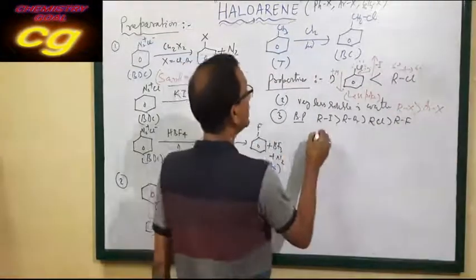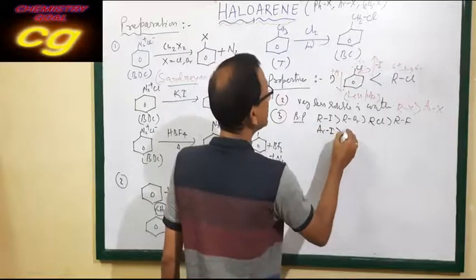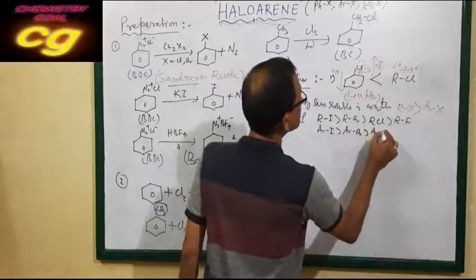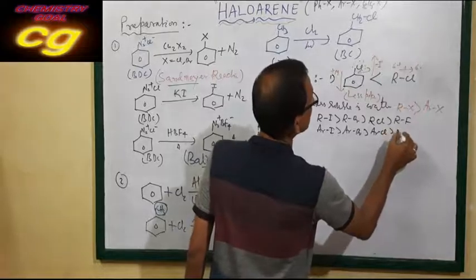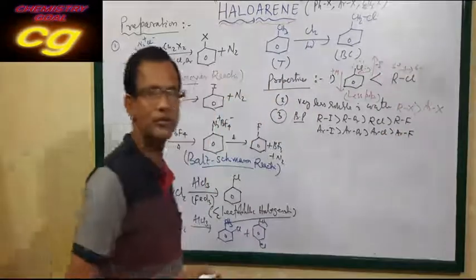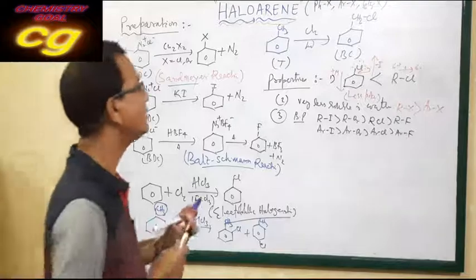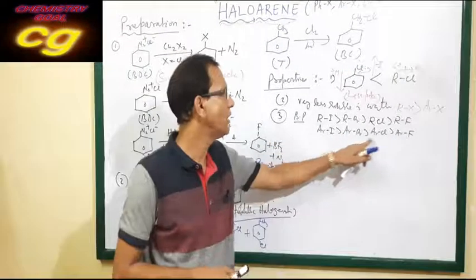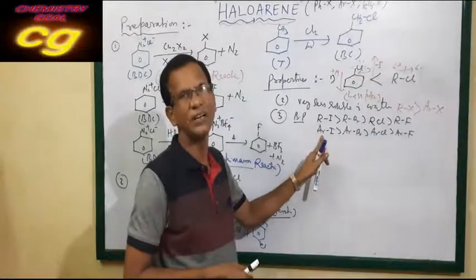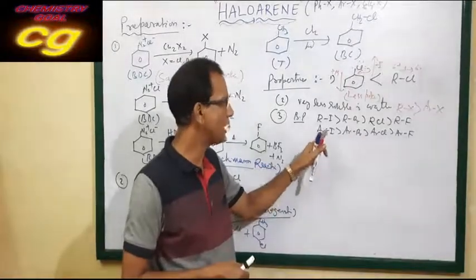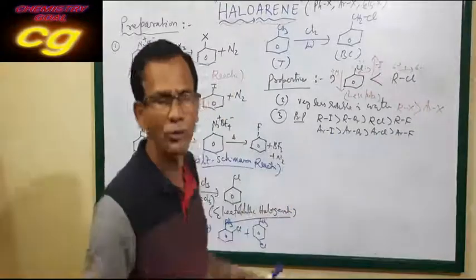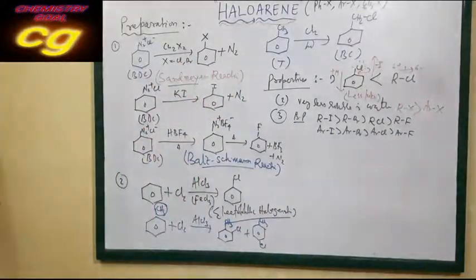Similarly here ArI will be greater than ArBr, greater than ArCl, greater than ArF, because larger mass means greater boiling point. So this is for monohalogen derivatives of aromatic compounds, and the order is iodine greater than bromine, greater than chlorine, greater than fluorine. Due to large size there is more van der Waals force, that's why the boiling point is more.